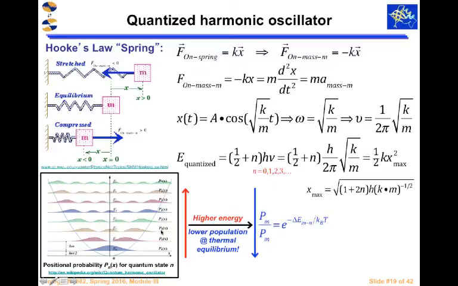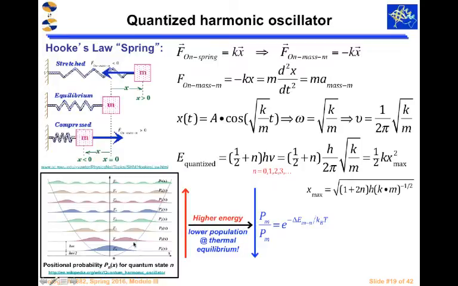So bottom line, cut to the chase, higher energy, lower population at thermal equilibrium. This is going to be quite important because we're going to see in vibrational spectroscopy that when molecules initially undergo electronic excitation, they go into higher energy vibrational states. During the course of thermal equilibrium, the greatest amount of the population ends up being in the lowest energy vibrational state.